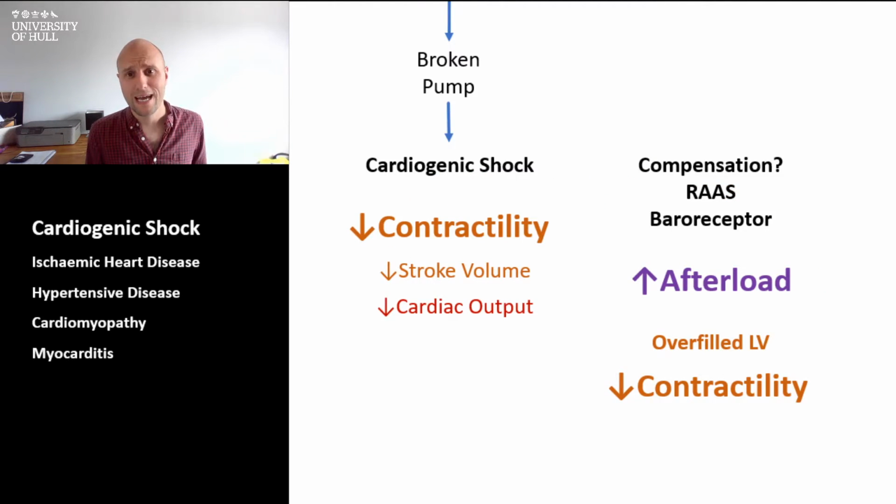So yeah, in cardiogenic shock, where you've got this sort of failing, weak heart, you've got a problem of contractility in the first instance, but then the compensatory mechanisms that should increase your blood pressure, improve your tissue perfusion, actually means that your heart has to work harder and is too full and overstretched and isn't beating well for that reason.